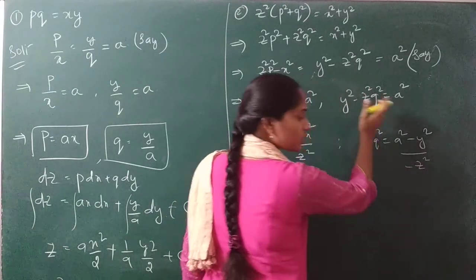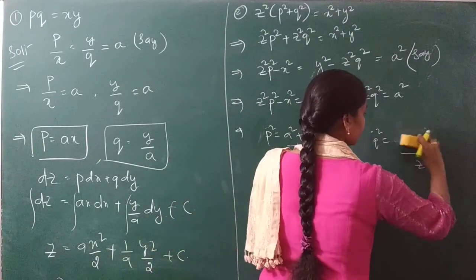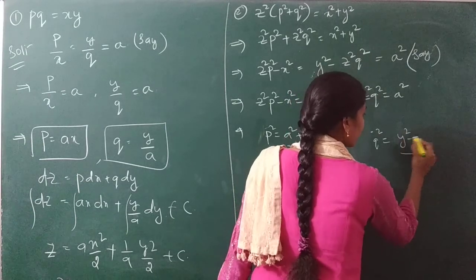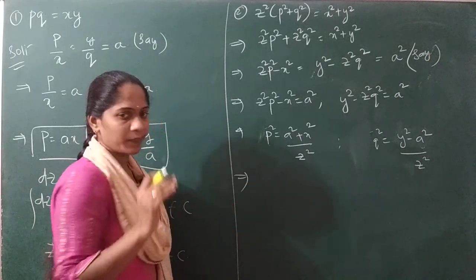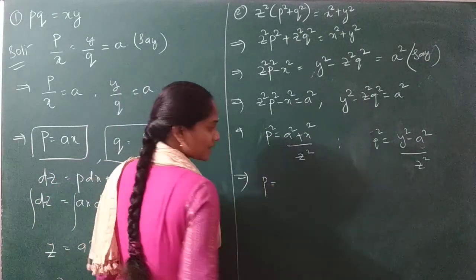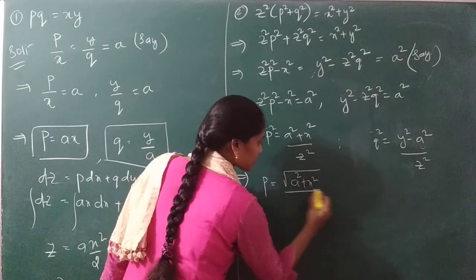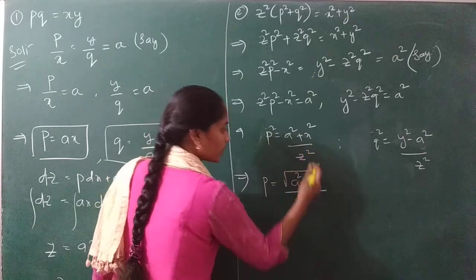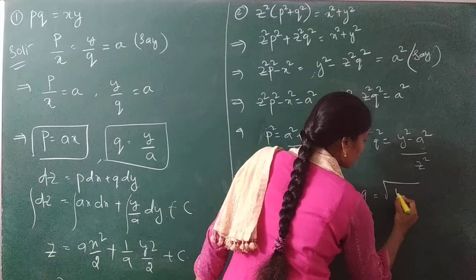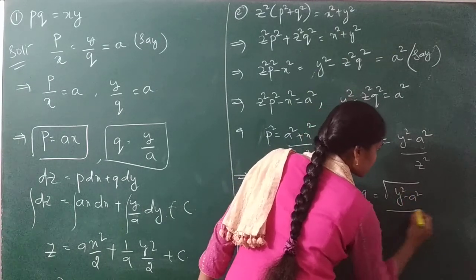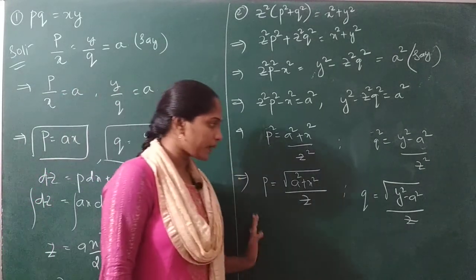If you take minus to the numerator, what happens? y square minus a square. Now you have to find the value of p and q. P is equal to the under root of a square plus x square, the root of the square is only z. Q is equal to the under root of y square minus a square by z. Yes, so these are the values of p and q.